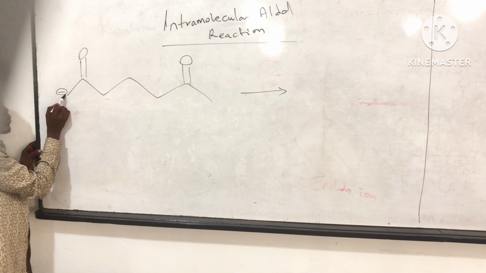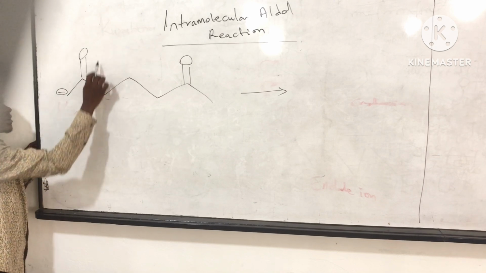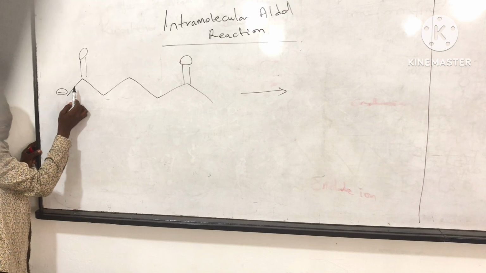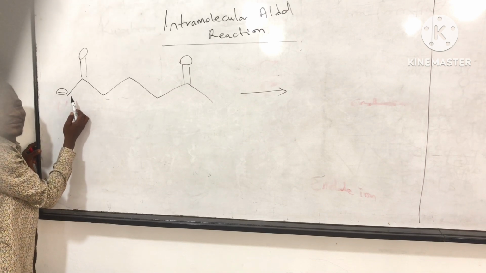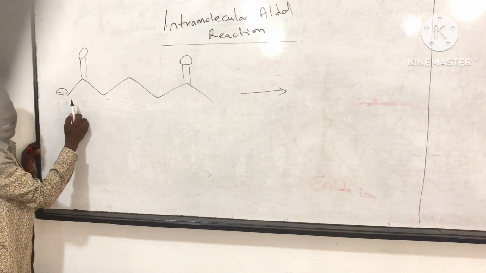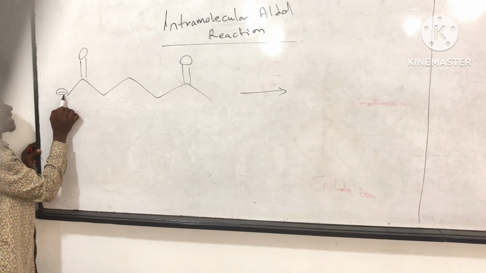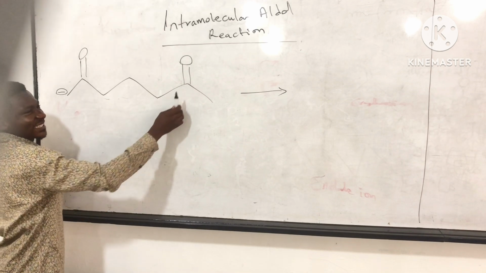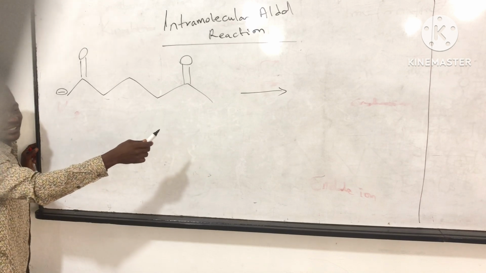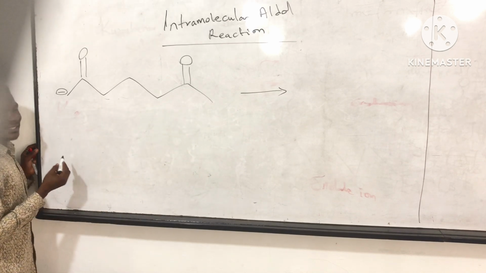Because this carbon ion was formed with respect to this carbonyl system, so it cannot attack itself. It's like if you want to kill someone, you don't go and kill your own family members, you go outside to kill. Do you get it? Yes. So this negative charge cannot attack its own carbonyl carbon. Rather, it has to go outside to attack the nearest possible carbonyl system, which is this one. Do you get it? Good.